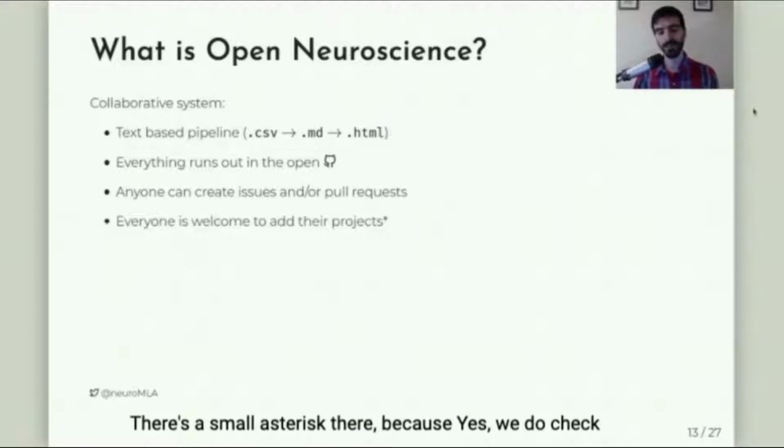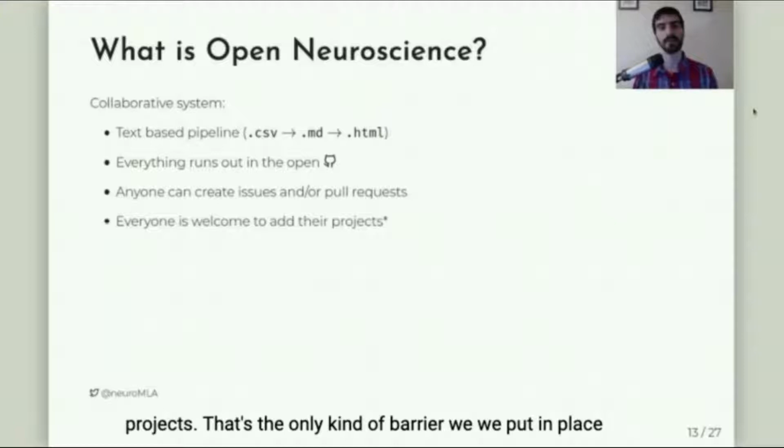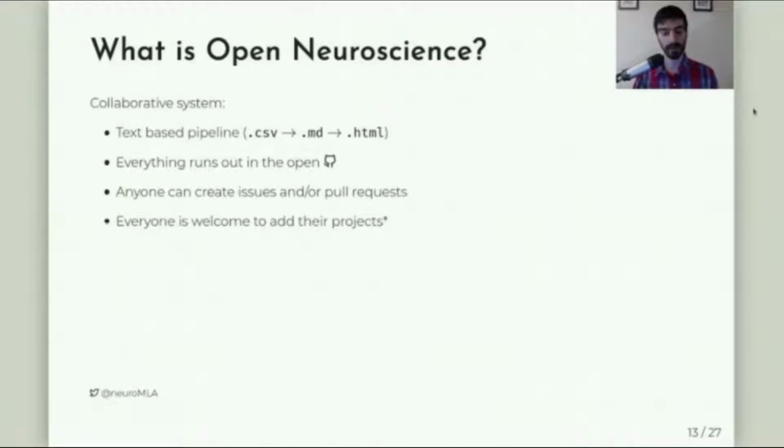There's a small asterisk there because, yes, we do check for spam, but basically, everyone is welcome to add their projects. That's the only kind of barrier we put in place, just to make sure that we are actually generating content from open neuroscience posts.